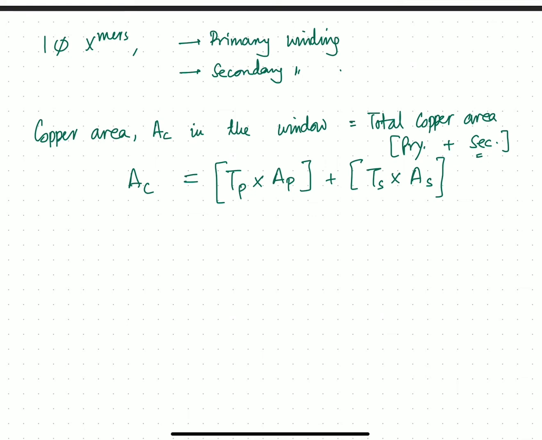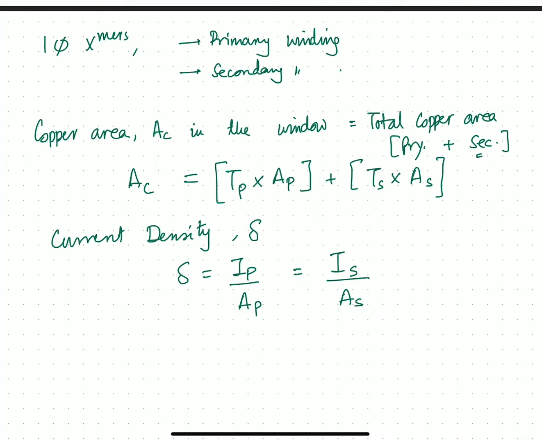Then we introduce this factor, current density delta, which is current per unit area. If we assume the same current density in the primary and secondary windings, then delta can be written as current in the primary by area in the primary, which is also equal to current in the secondary by area in the secondary.